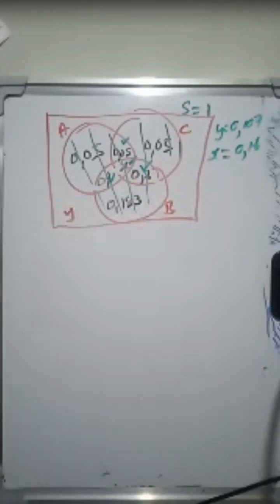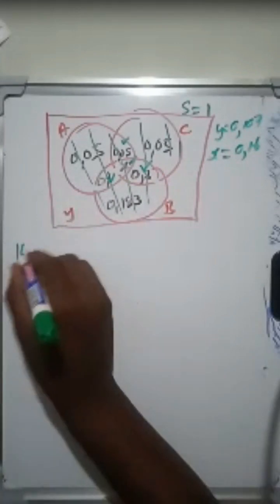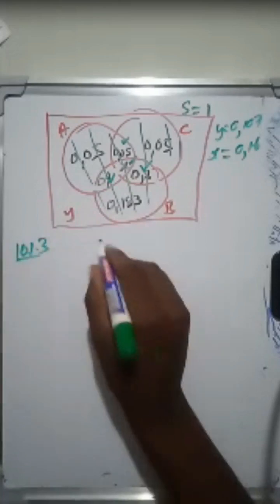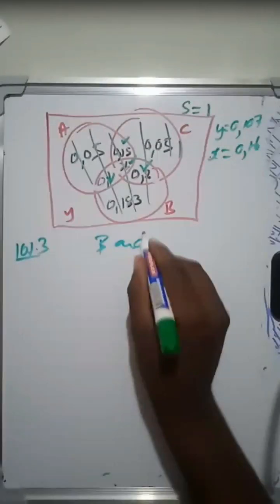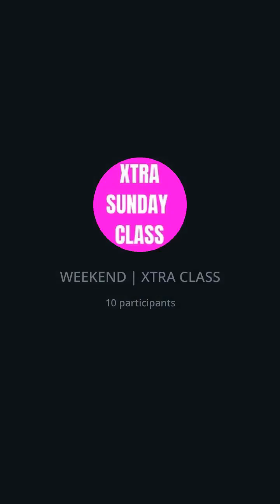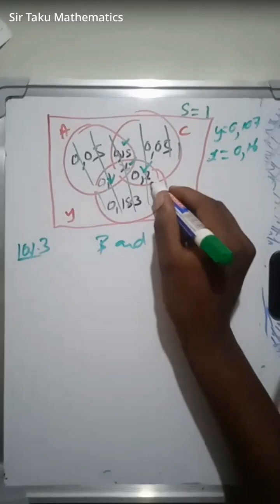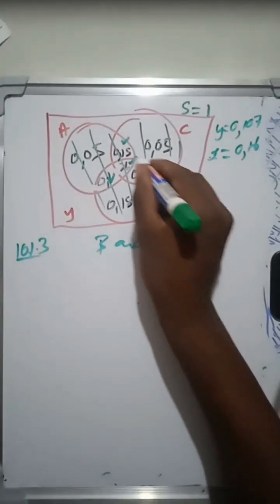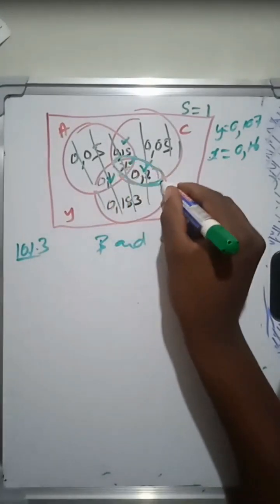Are events B and C independent? 10.1.3. B and C, are they independent? Which one is B and C? B and C is that one. Okay?